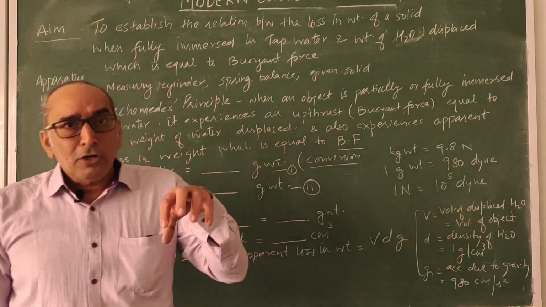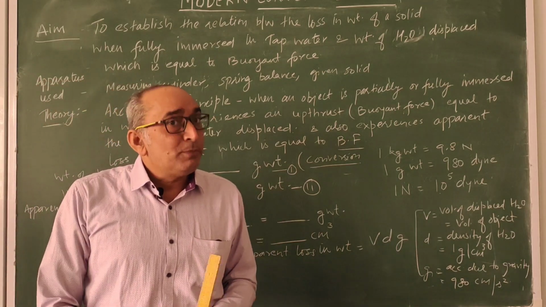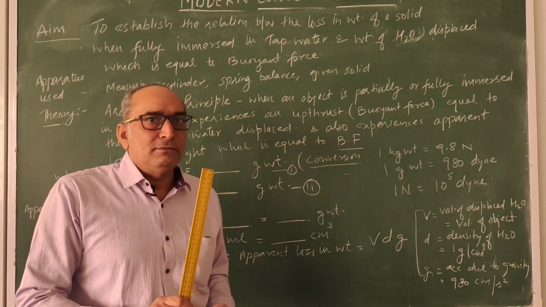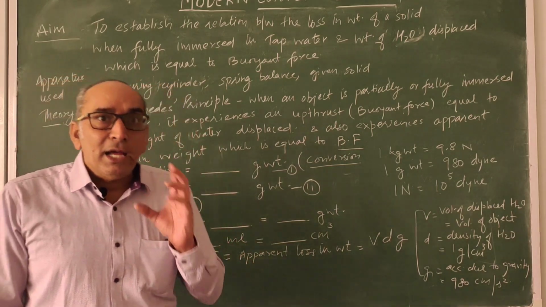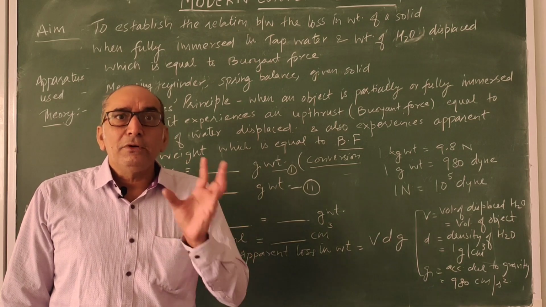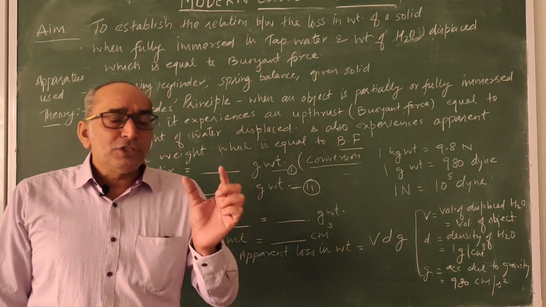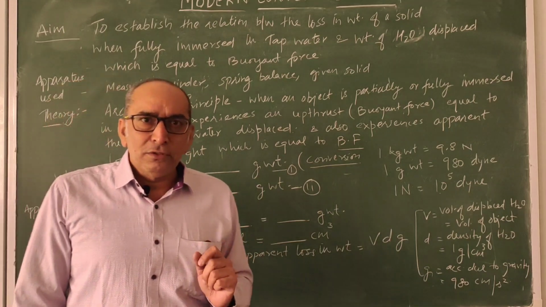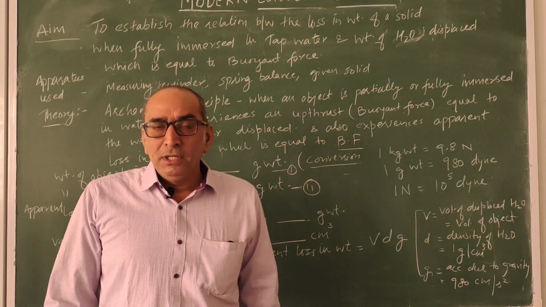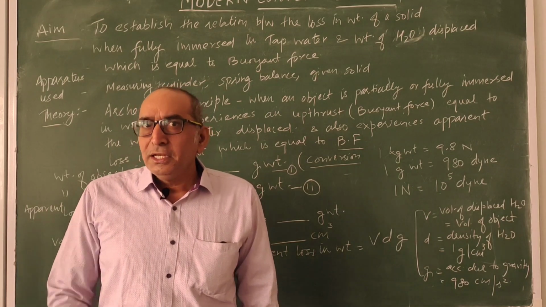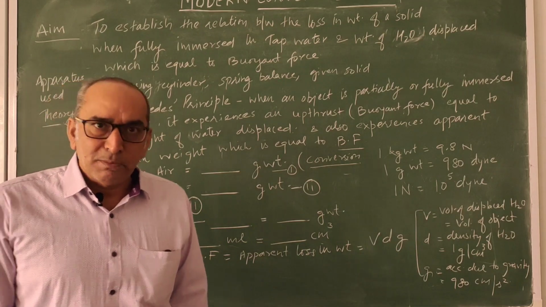And when that object is immersed in a liquid, it experiences buoyant force in the upward direction, due to which it experiences apparent loss in weight. So, in a nutshell, the apparent loss in weight is equal to buoyant force acting on the object, and that buoyant force is equal to the weight of the water displaced.